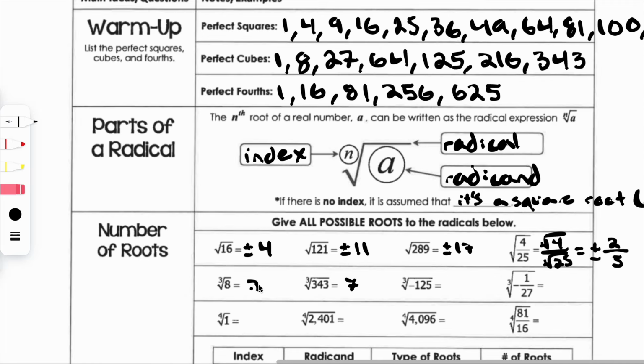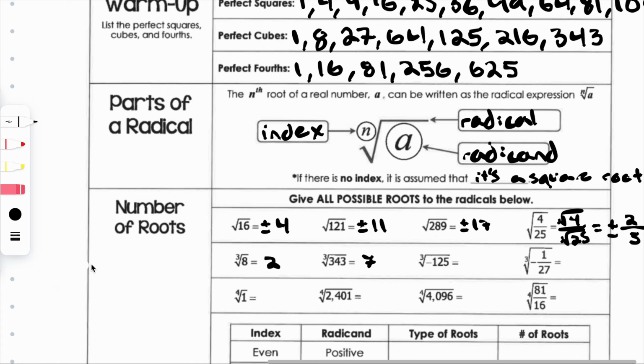Because, for example, if we were to do negative 2 times negative 2 times negative 2, I should write this out differently, but you get the idea, well, negative 2 times negative 2 is 4. 4 times negative 2 is now negative 8.